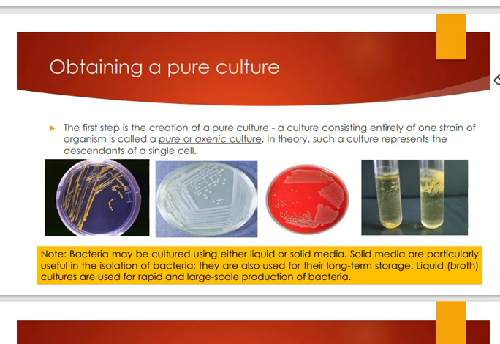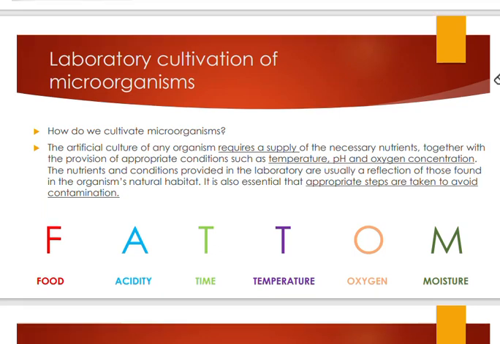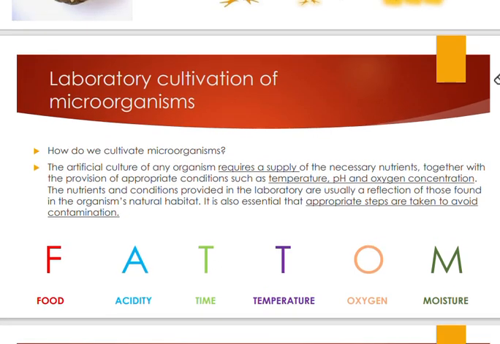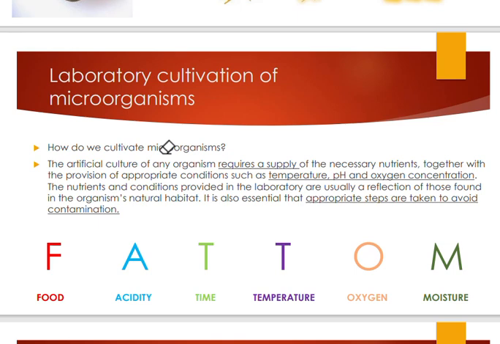Before discussing how to obtain a pure culture, we will end on this part on how to cultivate microorganisms, because this will be needed for your experiment number one. We will be using different culture media.